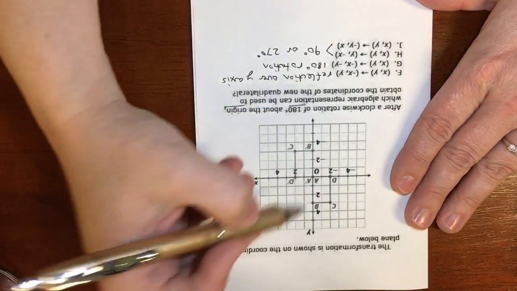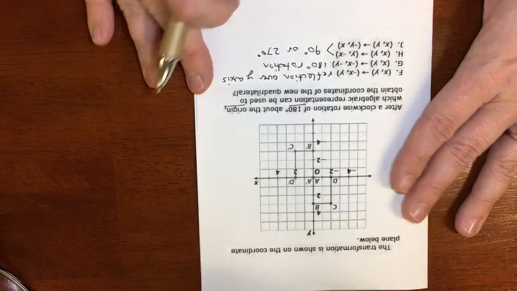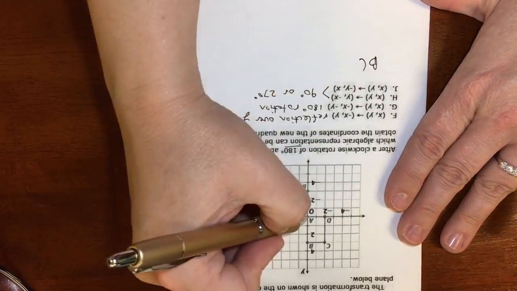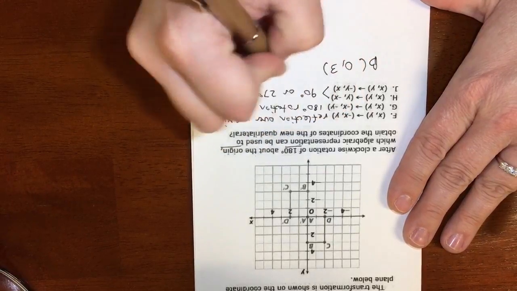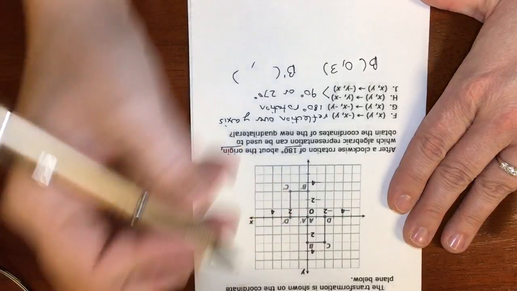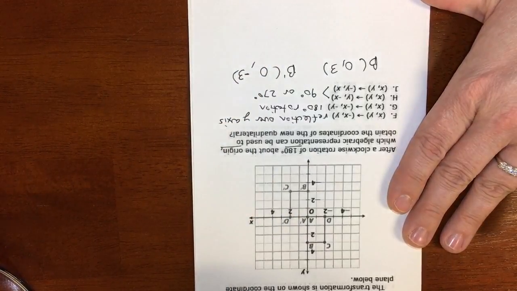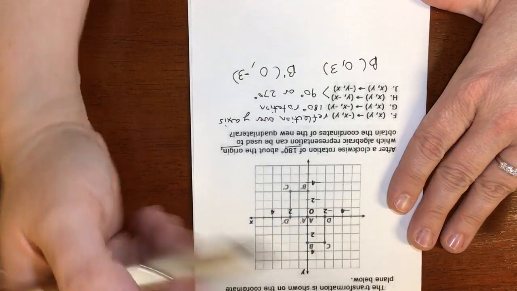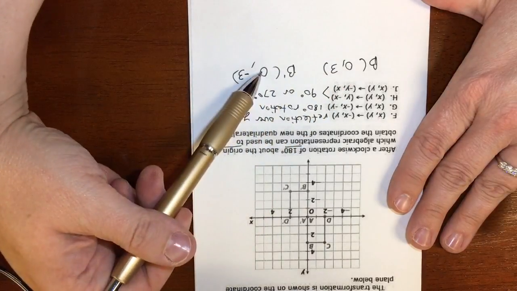So if I use B, okay, point B is at 0, 3, and B prime is at 0, negative 3. Well, 0 is not going to be the best option because it's not either negative nor positive.